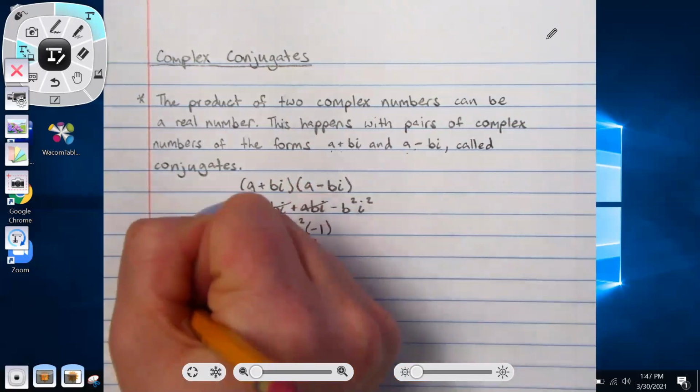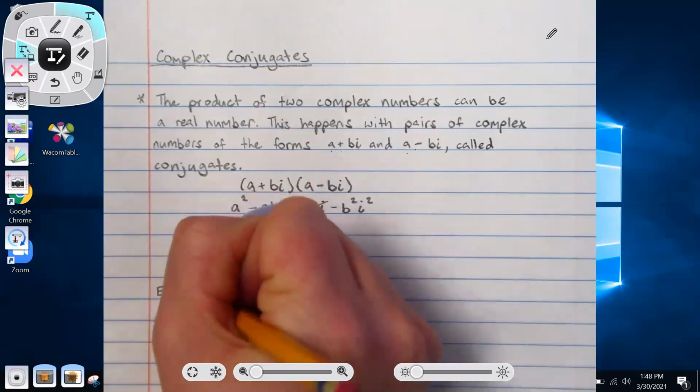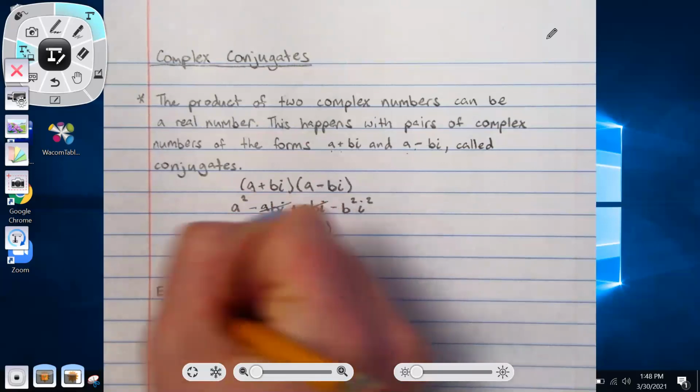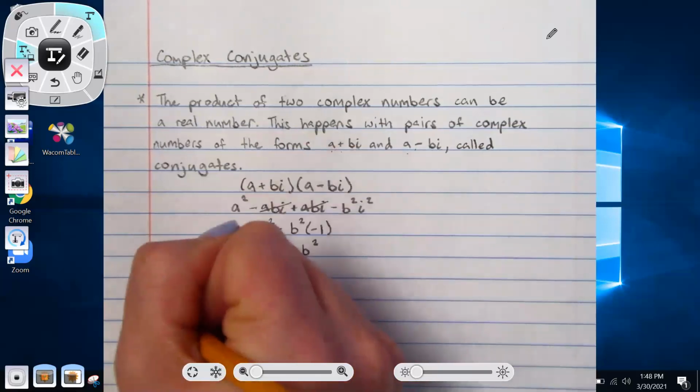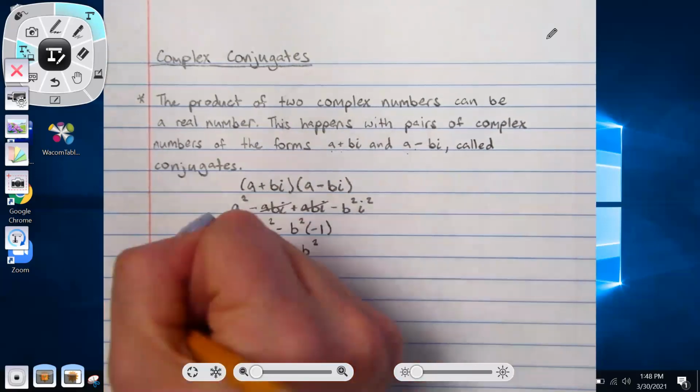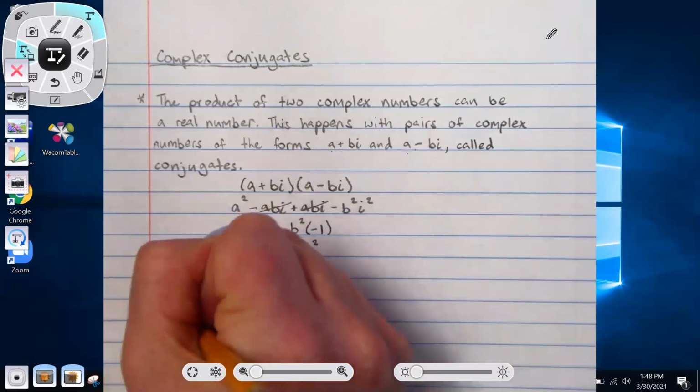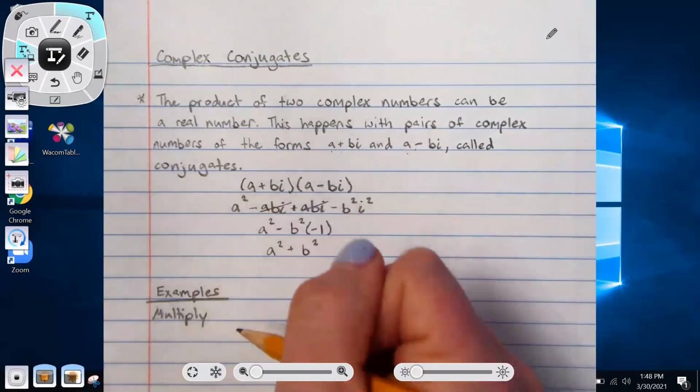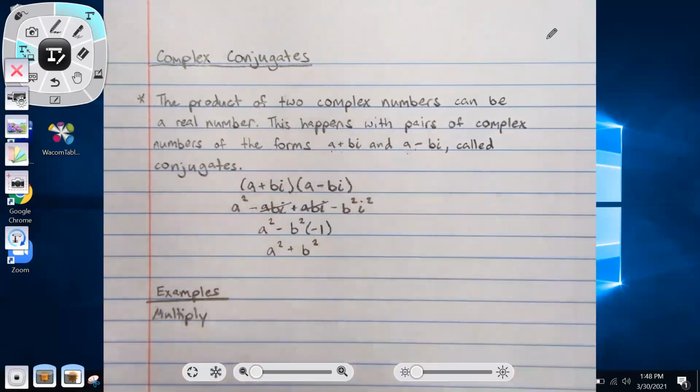Let's look at a couple examples. Our instructions are multiply each complex number by its conjugate.